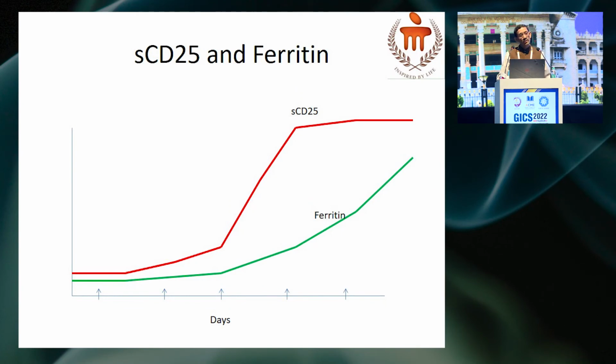As seen in this graph, the rise in CD25 occurs much earlier than other markers like ferritin. Traditionally, ferritin has been the established biomarker for HLH, but in dengue infection, soluble CD25 is probably better than ferritin.